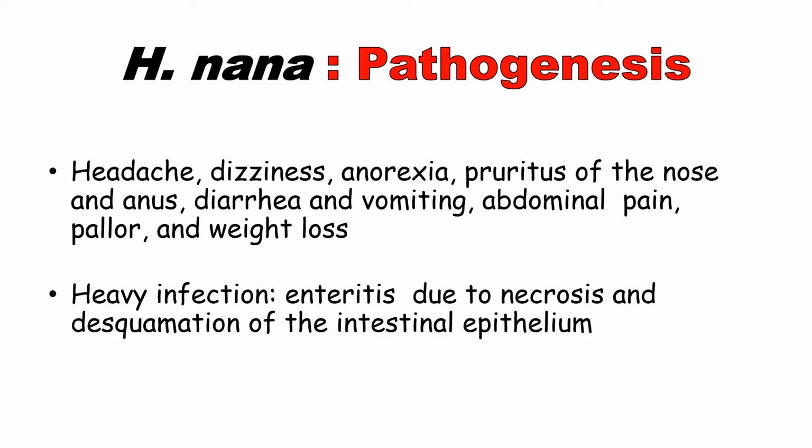So for the pathogenesis: headache, dizziness, anorexia, pruritus of the nose and anus, diarrhea, and vomiting. For heavy infection, enteritis due to necrosis and desquamation of the intestinal epithelium. In heavy infection, di na siya symptomatic because of the patient's immunological response to the parasite.